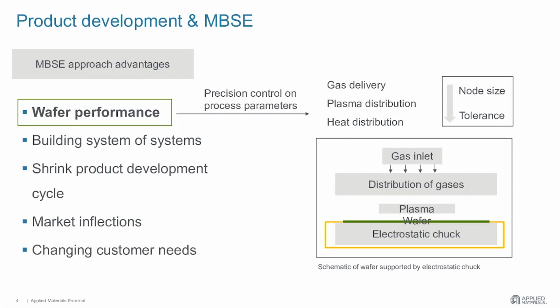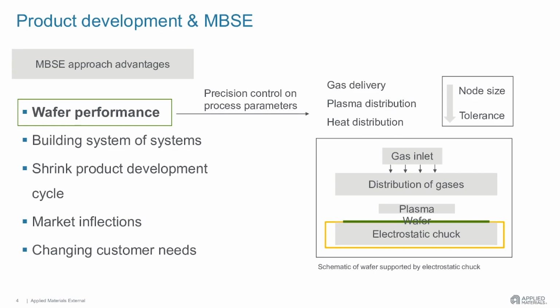Now, we are in the early phases of adopting MBSE methodology into our product development cycle. We are looking at component development right now, and eventually we'll start building systems using MBSE. The advantages MBSE can offer, to list a few, just to begin with, is the wafer performance.